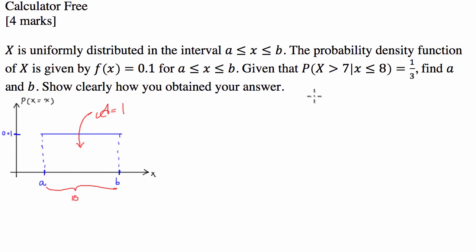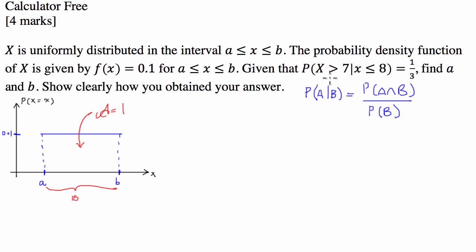So we're going to use this probability law: the probability of A given B is equal to the probability of A and B over the probability of B. This is just our conditional probability law, and we're going to apply it to the statement that we've got up here.